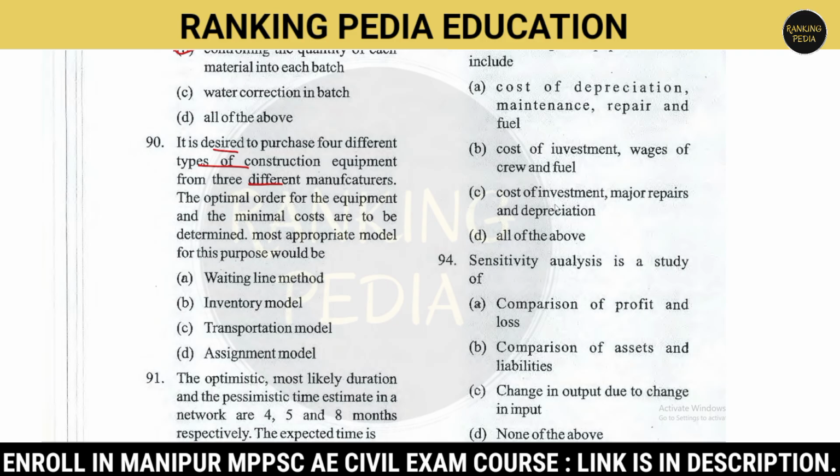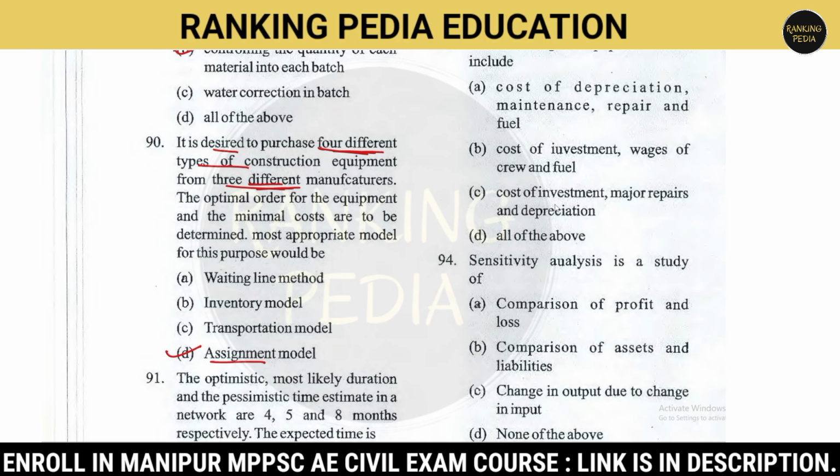According to the situation, it involves 2 sets of data. As you can see in the question, the requirement is 4 different types of equipment, and the availability or source is 3 different manufacturers. So option number D is correct, that is your assignment model.